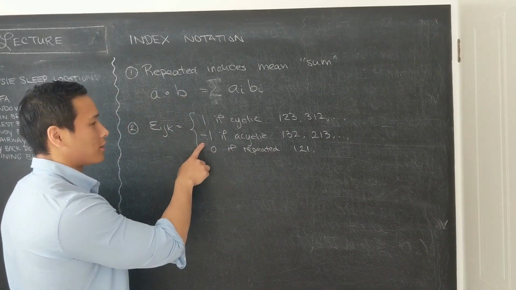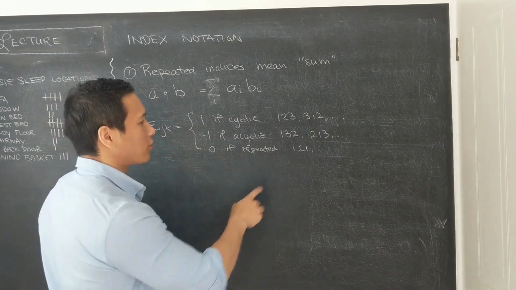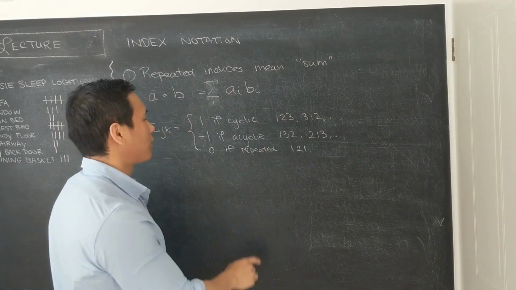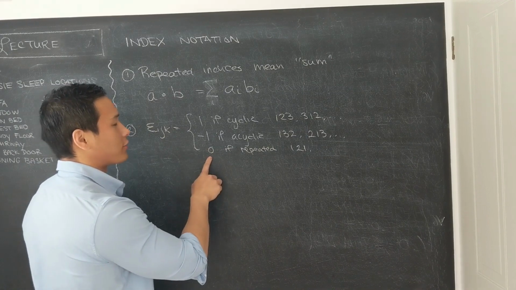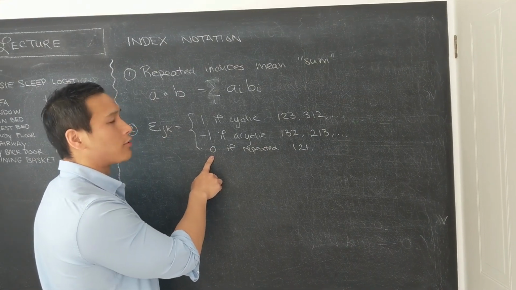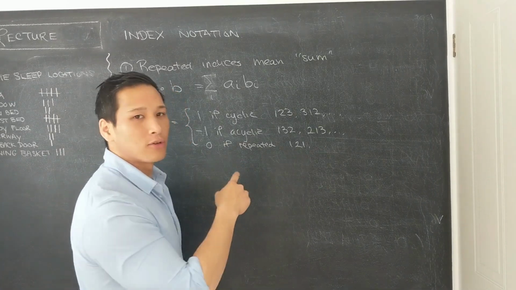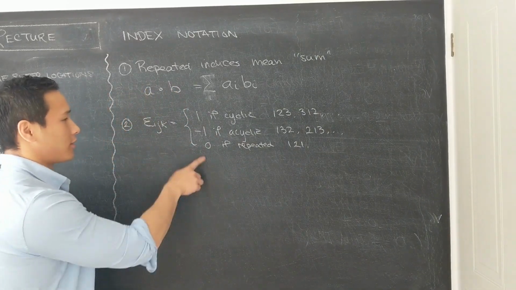If it occurs in not that order, 1, 3, 2, or 2, 1, 3, and so forth, then it's -1. And if it has at least one repeated digit, so 1, 2, 1, 1, 3, 1, 1, 1, 2, 1, 1, 3, etc., then it's 0.